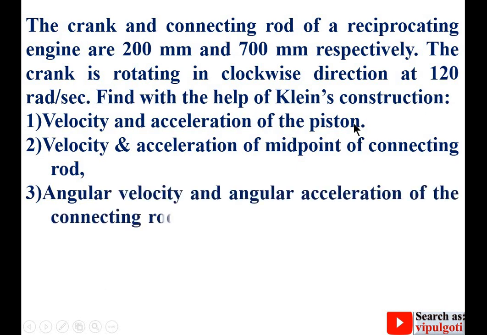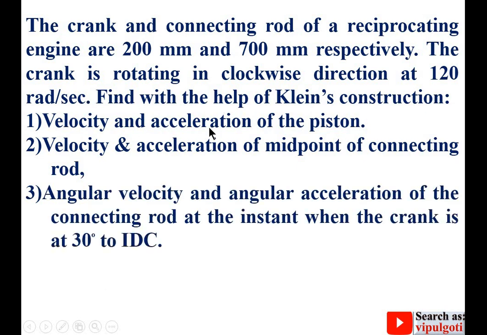Find with the help of Klein's construction the velocity and acceleration of the piston, velocity and acceleration of the midpoint of the connecting rod, angular velocity and angular acceleration of the connecting rod at the instant when the crank is at 30 degree to IDC, meaning inner dead center. Two important points: the crank is rotating in the clockwise direction and we want to find the velocity and acceleration at the crank position 30 degree to IDC.